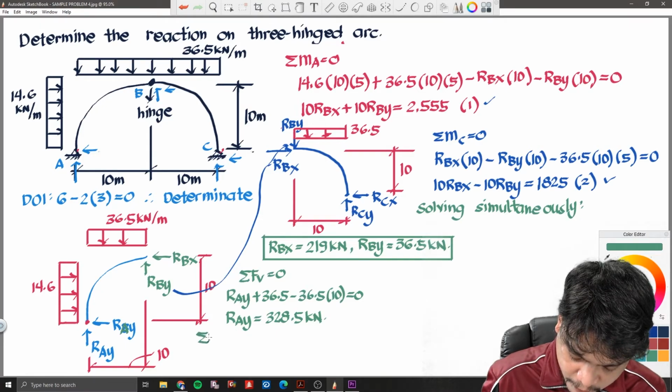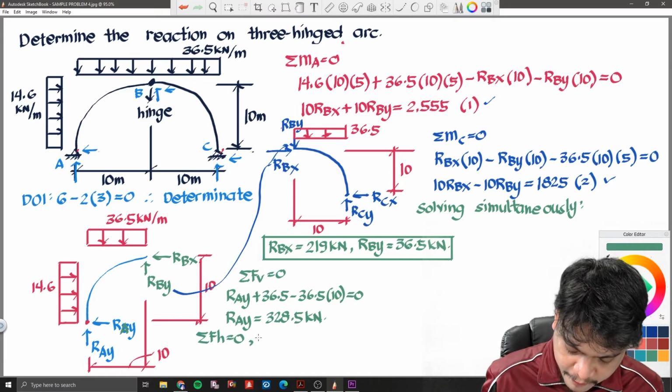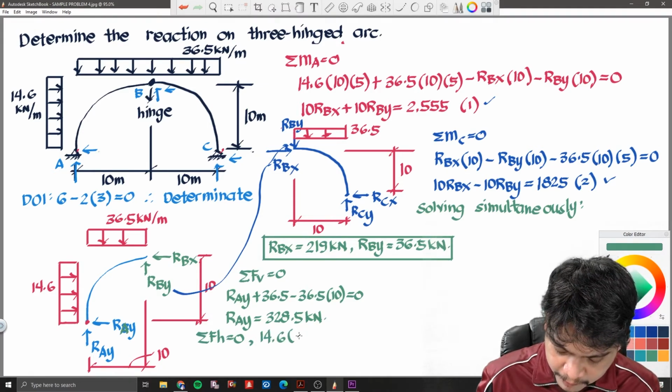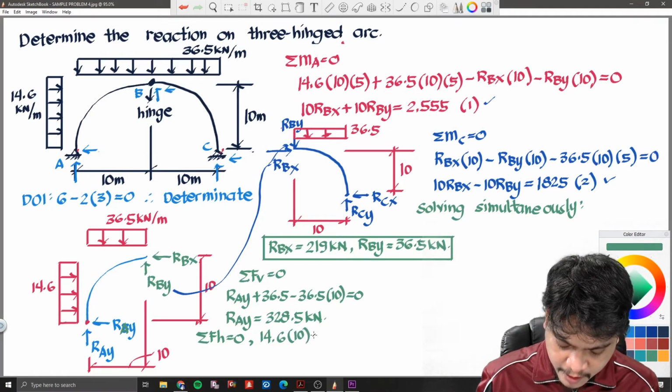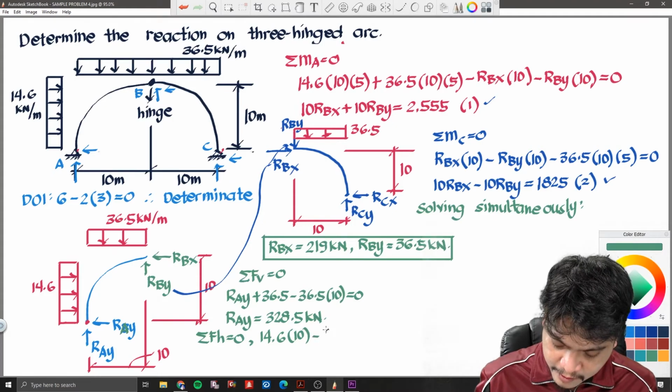Okay? And then, of course, we may have summation forces horizontal equal to 0. So, you will be having here 14.6, multiplied by 10. Okay, and then I will have it minus RBX, which is 219, over here. And then minus ako ng RAX.